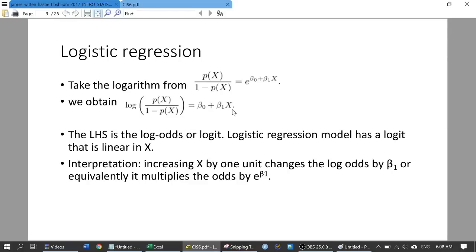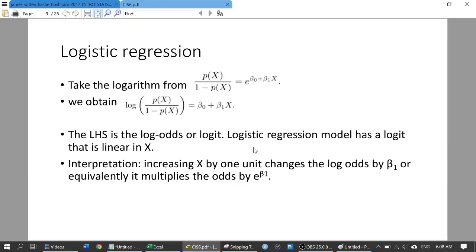So instead of linear regression where you have y equal to beta naught plus beta 1x, in which x and y have a linear relationship, now instead of y, we have the logit function. So x has a linear relationship with the logit function.